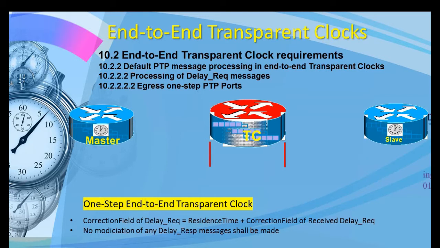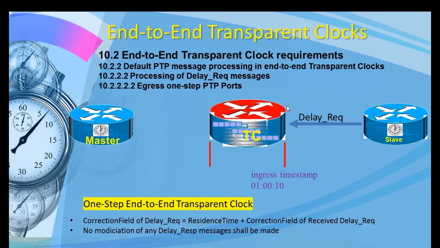So from the slave side, after receiving the sync message and follow-up message from the master going through the transparent clock, the slave side will send out a delay request message.